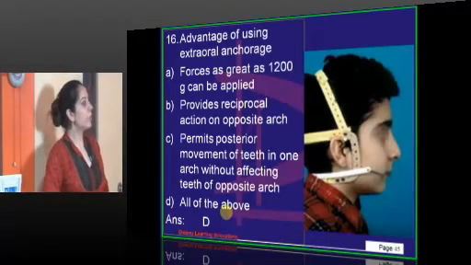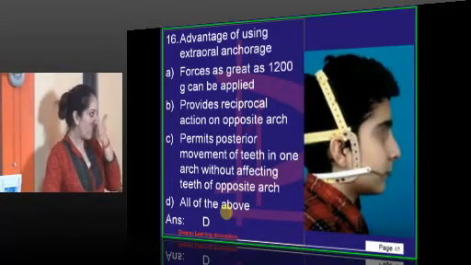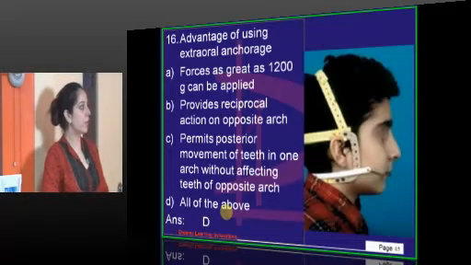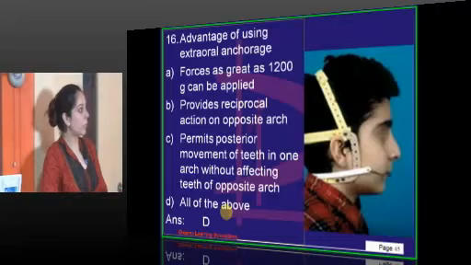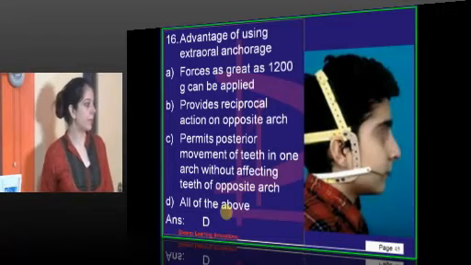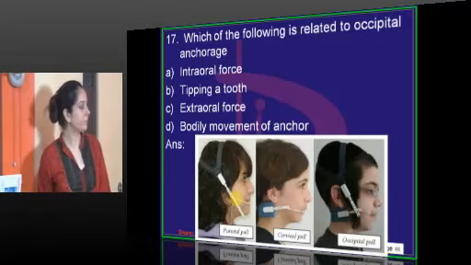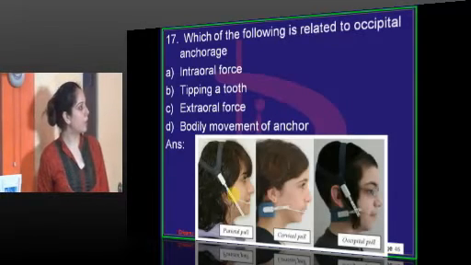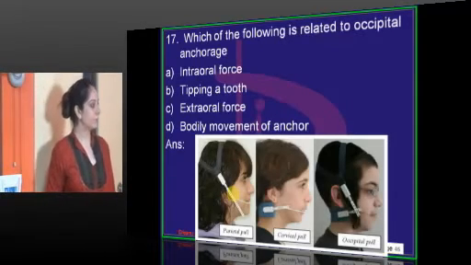The advantage of using extraoral anchorage is that the forces used are as great as 1200 grams. It provides reciprocal action on the opposite arch, and it also permits posterior movement of the maxilla or the maxillary teeth. Which of the following is related to occipital anchorage? Any idea?